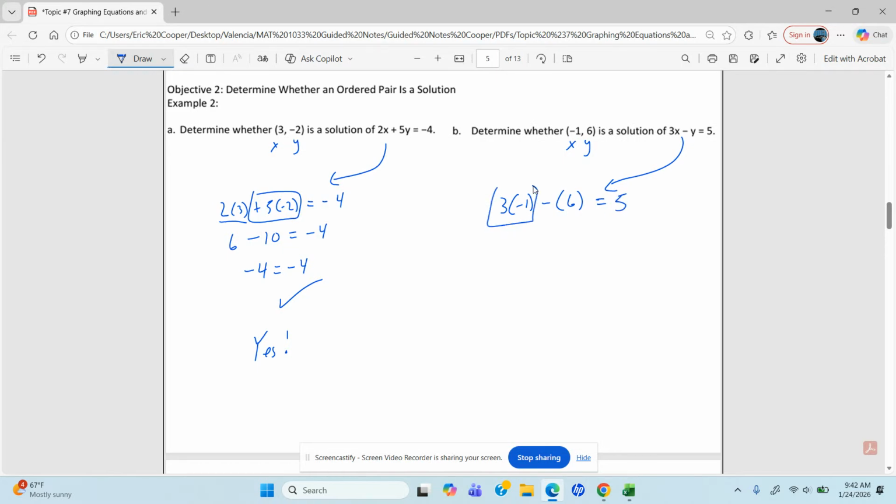So 3 times negative 1 is negative 3 minus 6, and our job is to see, does that equal 5? Well, negative 3 minus 6 is negative 9. So does negative 9 equal 5? We would say no. This is not a solution to the equation. So a solution is when you're able to plug in a coordinate and it comes back as a true statement.